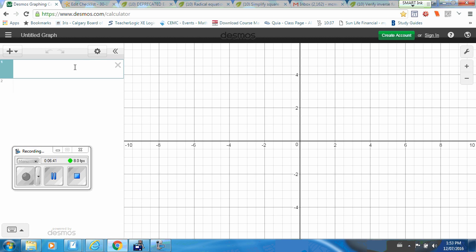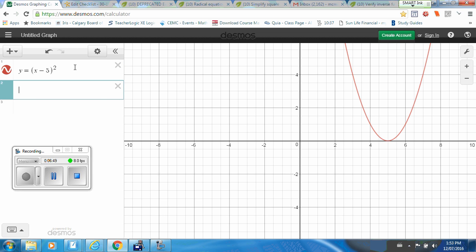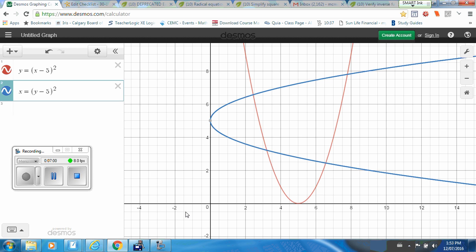So y equals x minus 5 all squared. Or I could write x equals y minus 5 all squared. That's how that lines up.